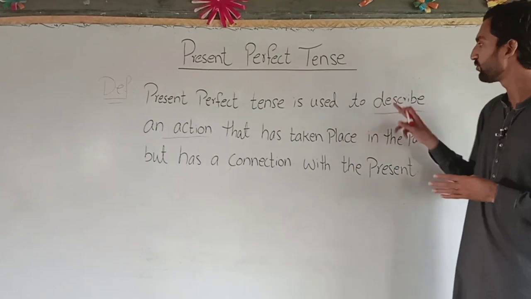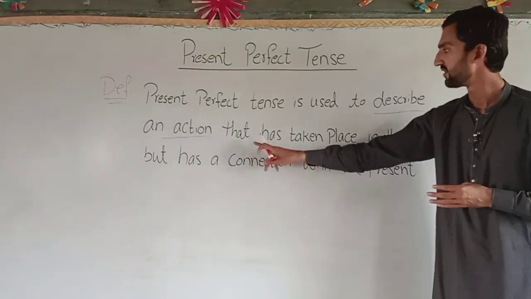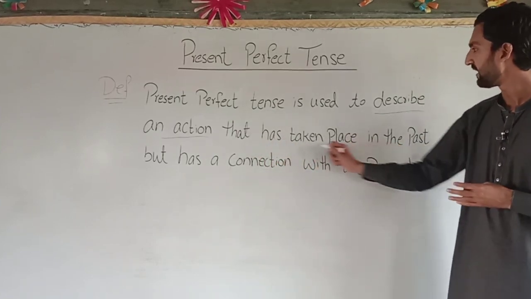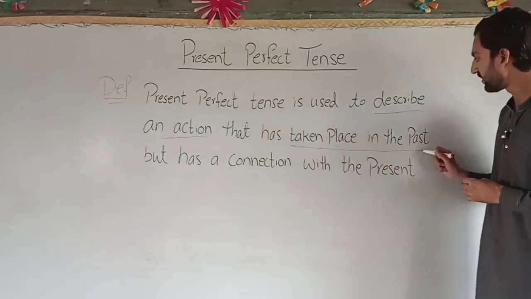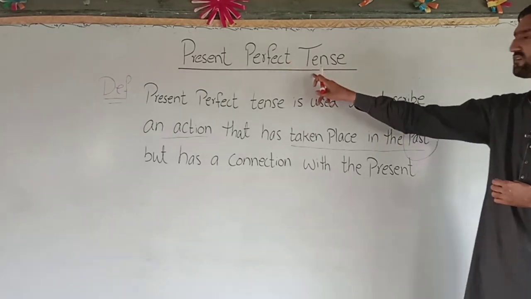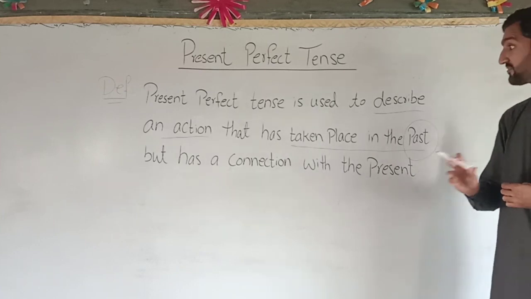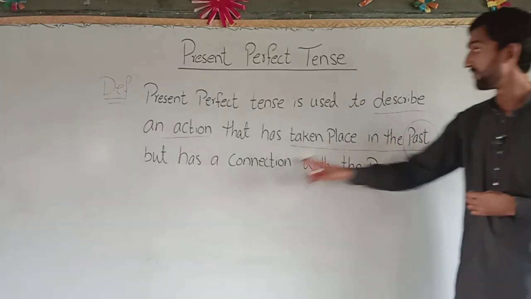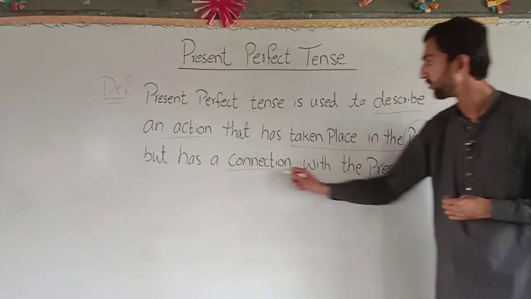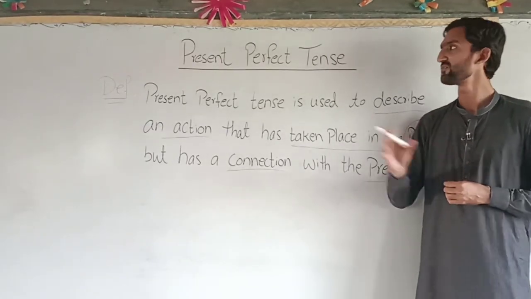So this is used to describe an action that has taken place in the past. This word is very important, past. Present perfect tense is basically a present tense, but it has a connection with the past, and also with the present. So this is the simplest definition of this tense.